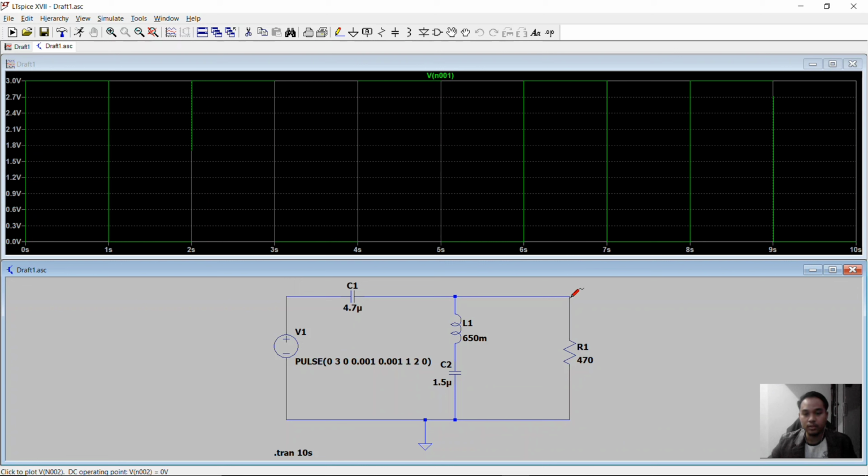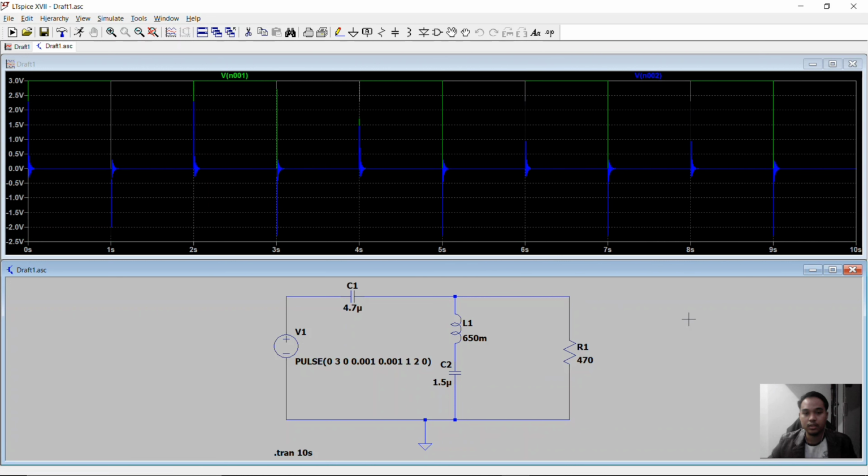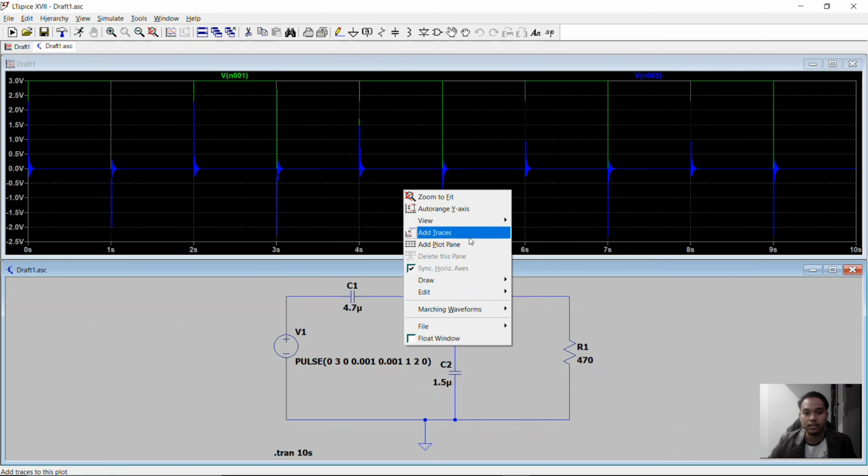Now we will see the voltage for the resistor here. Okay, we'll look at the FFT.